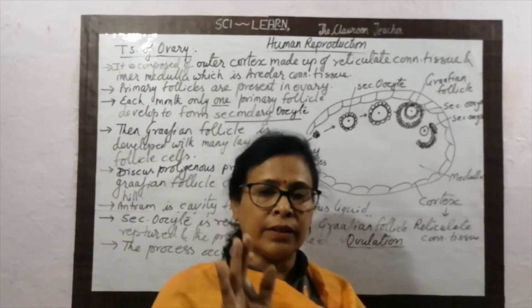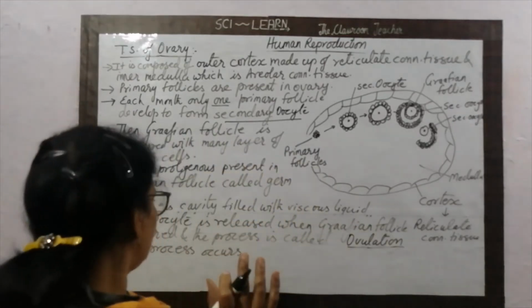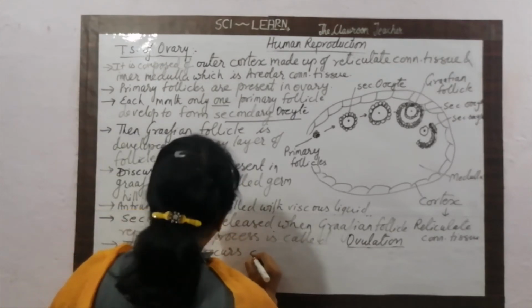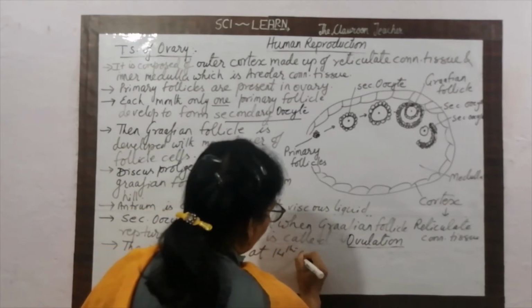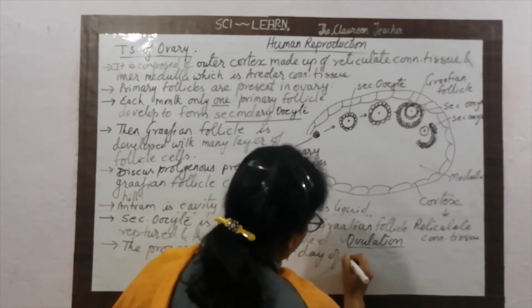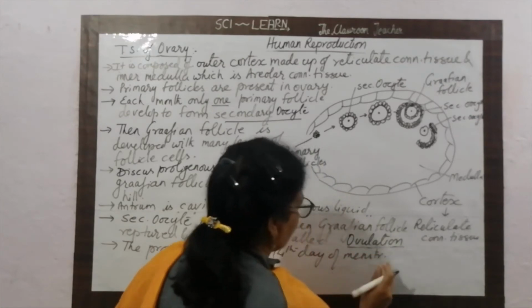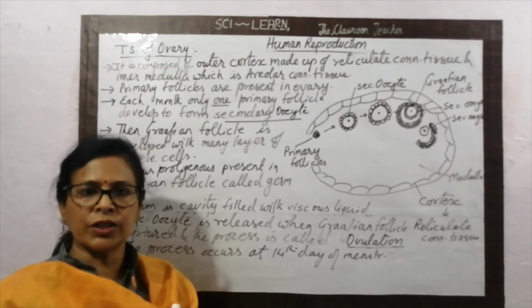On the 14th day of the menstruation cycle, the ovulation occurs. The process of ovulation occurs at the 14th day of menstruation.